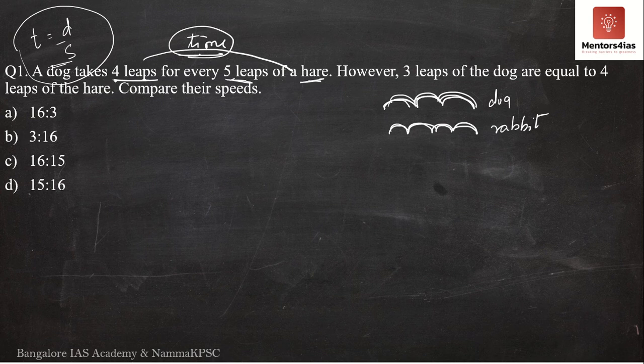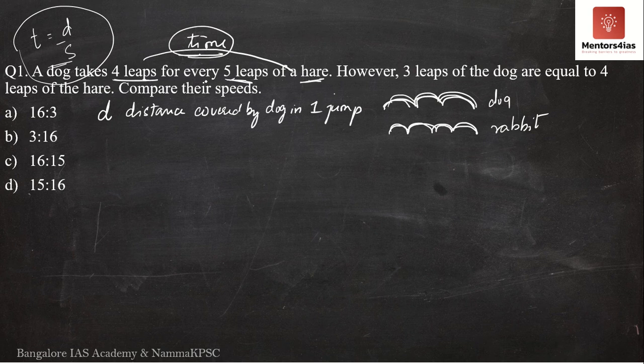Okay, so here what I'm going to do is let us assume D to be the distance covered by the dog in one single jump.